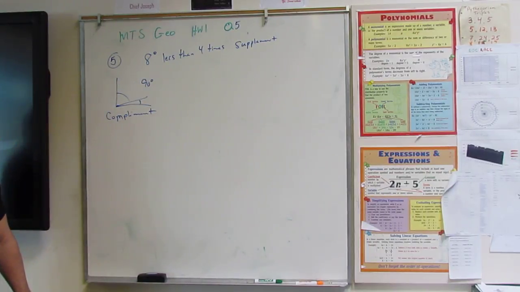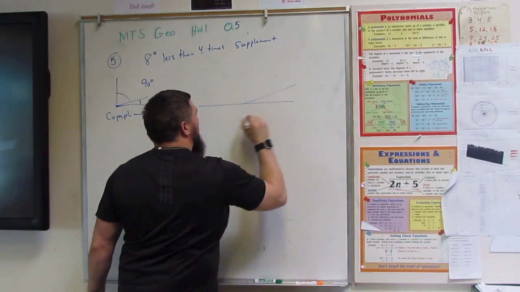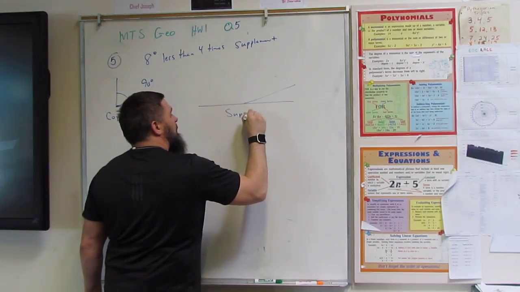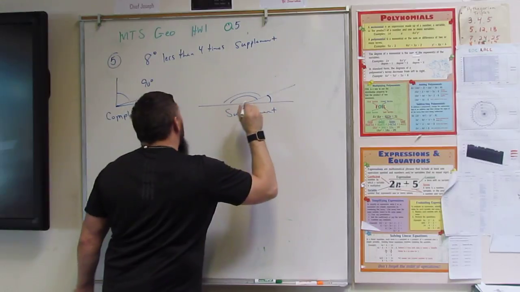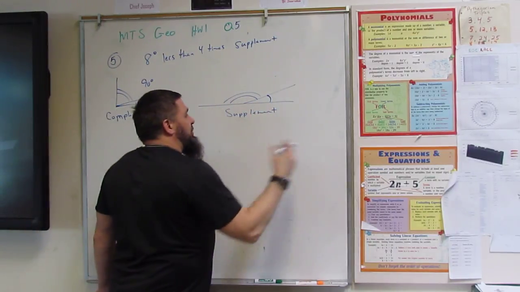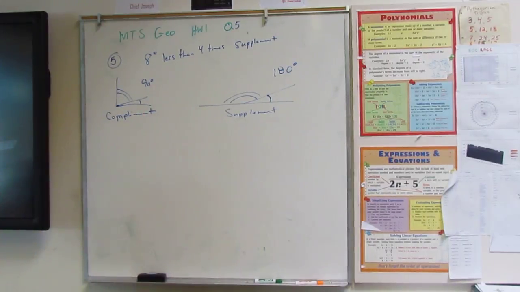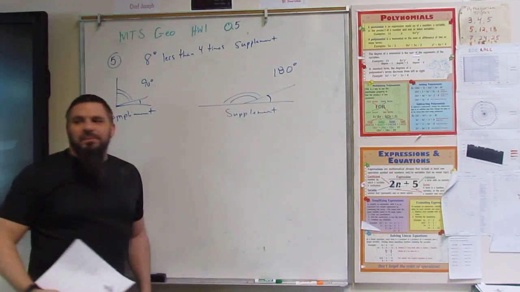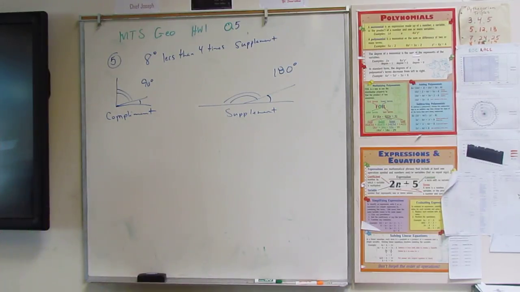A supplement is two angles that create 180 degrees. So you have to know those two things, because if it says less than 4 times the complement, then you're going to use the other one. On the test, different tests say different things, so you have to know both.